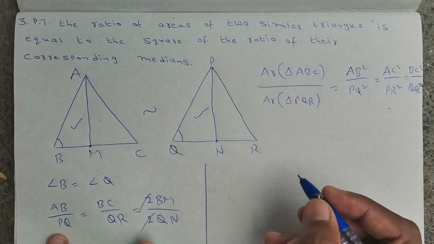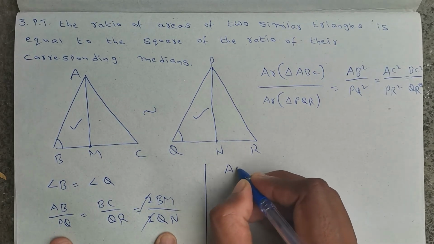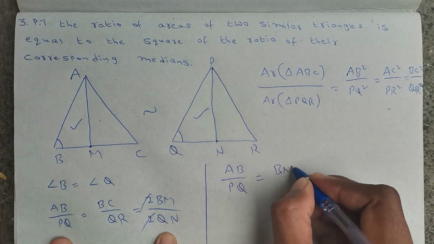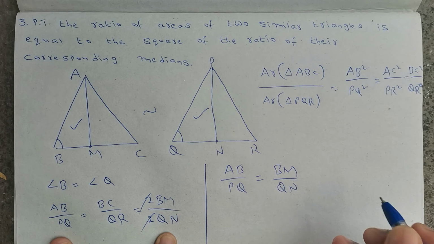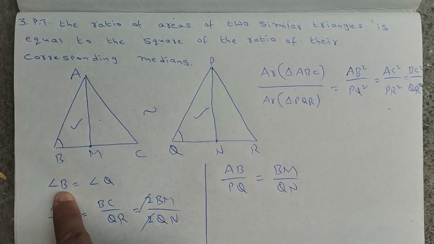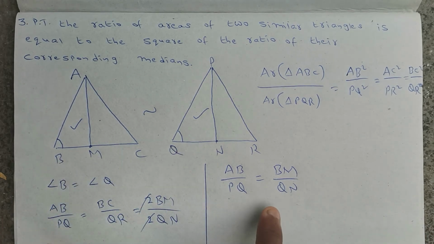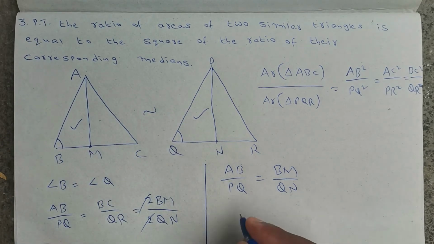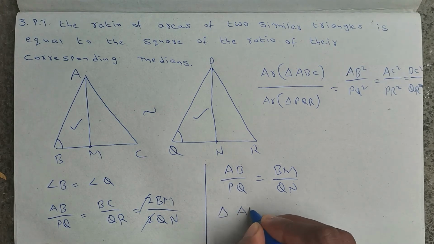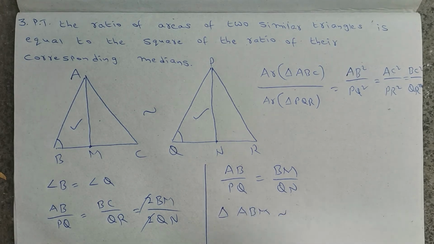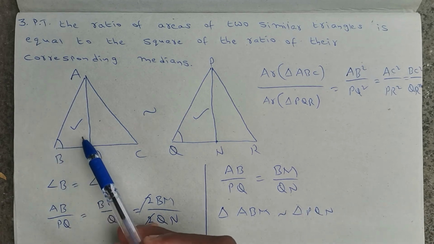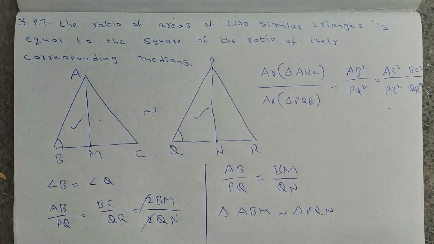From these we can conclude AB divided by PQ is equal to BM divided by QN. Already we have angle B is equal to angle Q, and just now we got AB divided by PQ is equal to BM divided by QN. So from these two conditions we can conclude that triangle ABM is similar to triangle PQN.